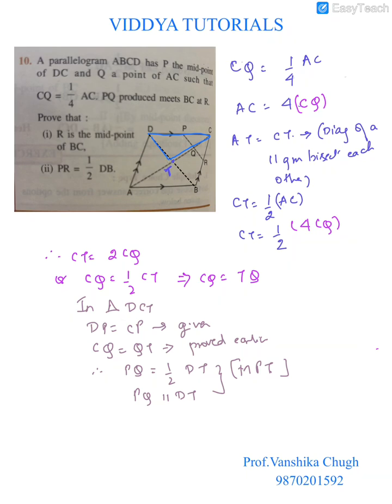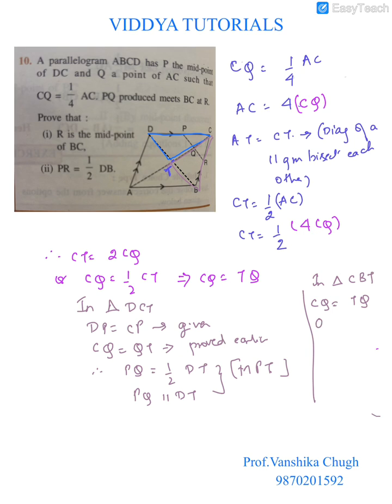We go into the other triangle. So in triangle CBT, I have Q as the midpoint, CQ is equal to TQ. We have proved it.